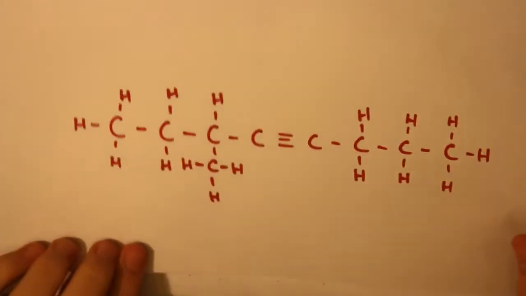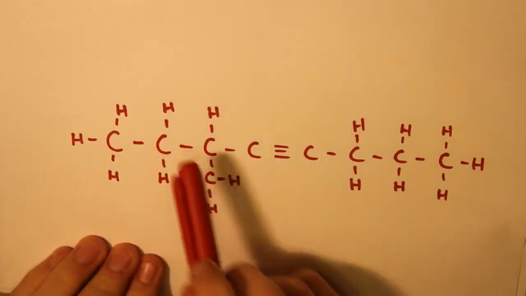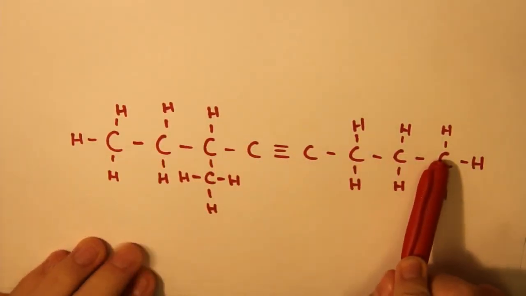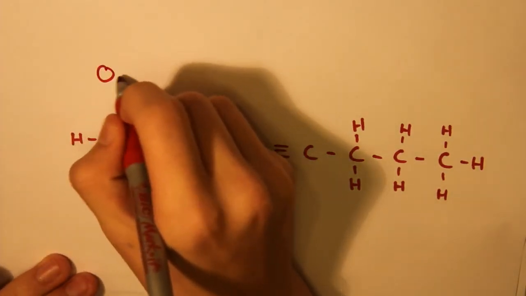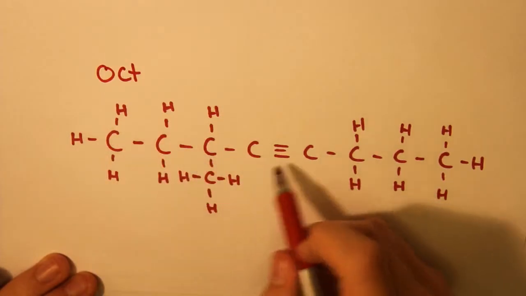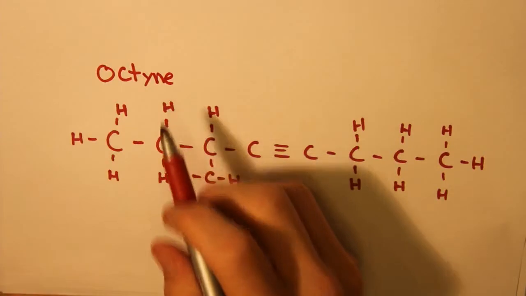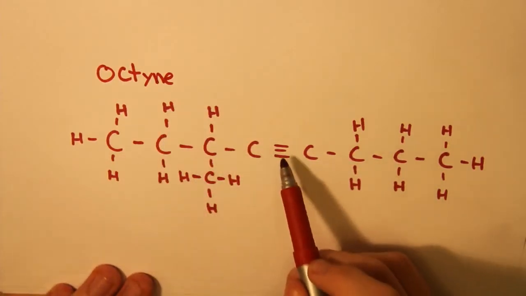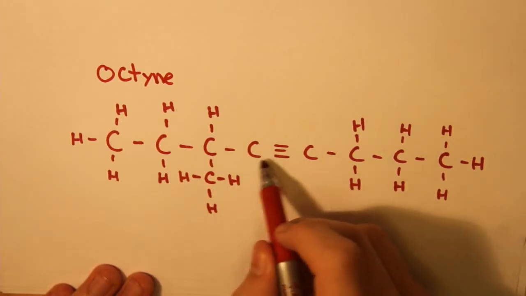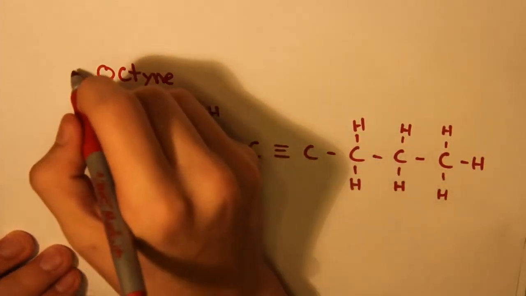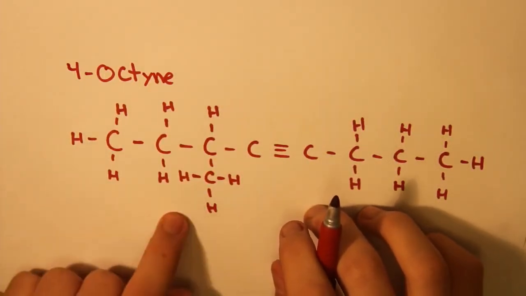Okay, let's take a look at this one. Right off the bat, we're going to count the C's. So 1, 2, 3, 4, 5, 6, 7, 8. 8 C's. So that means it's going to be an oct something. So write down oct. Yne, because of the triple bond. So we got that settled. Now we're going to count off to where this triple bond here is. So 1, 2, 3, 4. It's at the 4th carbon here. Alright, so I'll put a 4 in front of here and put a dash. Now, we see this thing here, and we're going to check this out.